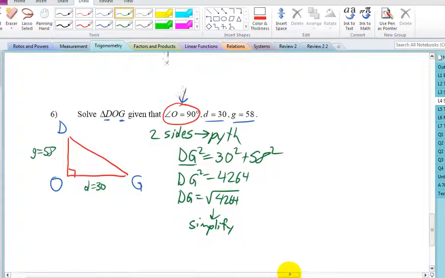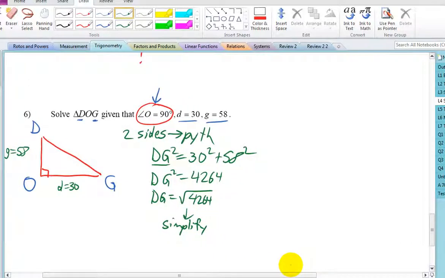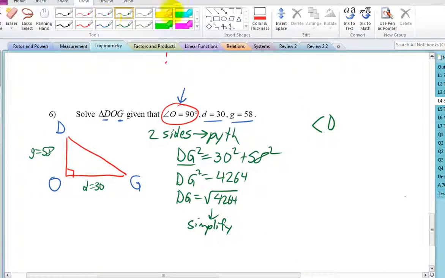Good. Now I wouldn't use that in anything, and the reason why is because it's not going to be accurate compared to using 58 and 30. So let's find angle D. Label your HOA based on angle D. What ratio would you use for angle D? O and A? Tangent.